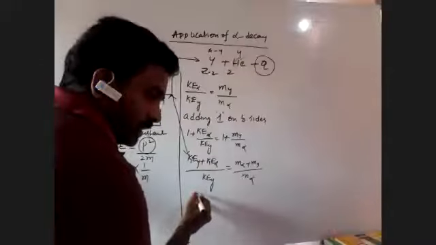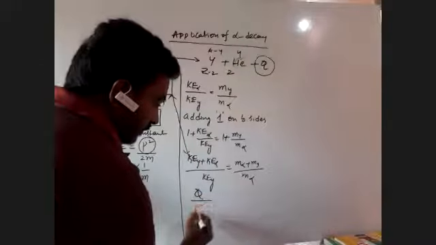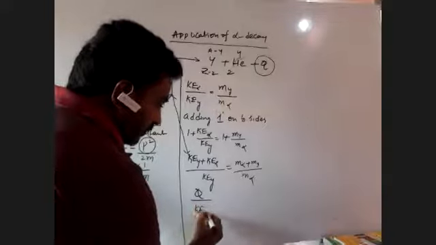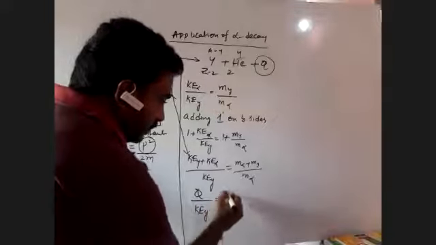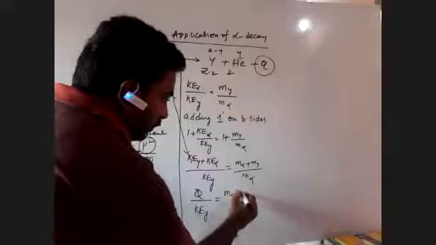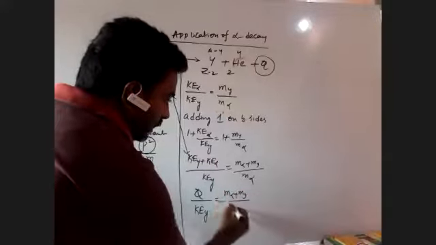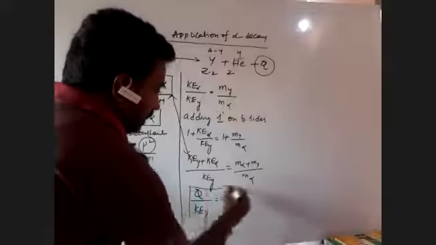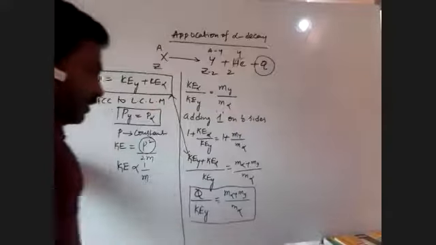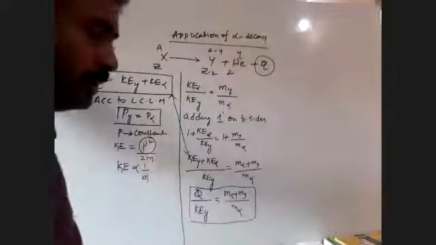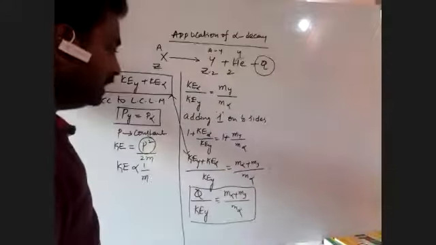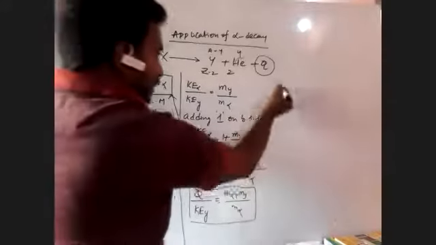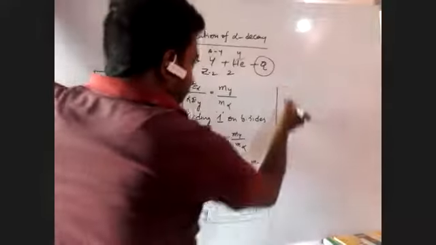So I can write Q by KE Y is equal to M alpha plus M Y by M alpha. That means you can determine the total energy, or the kinetic energy of the daughter element, or the kinetic energy of the alpha particle.